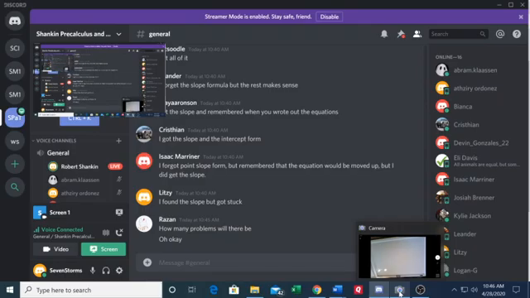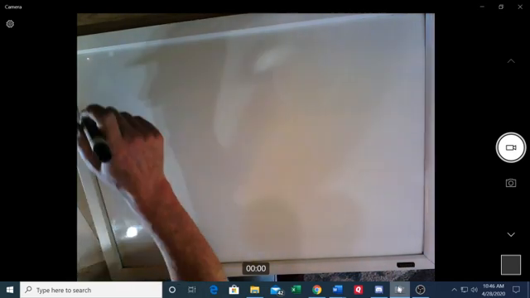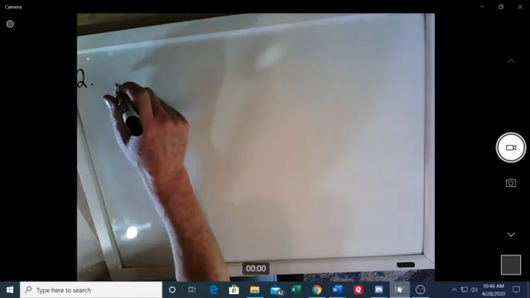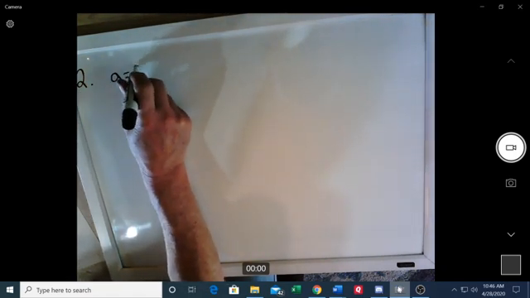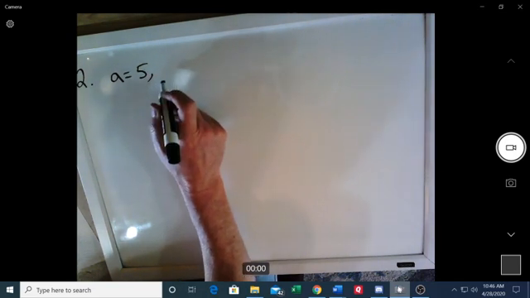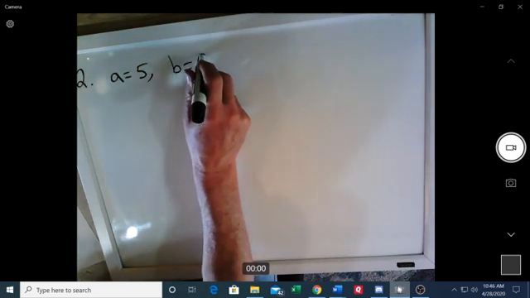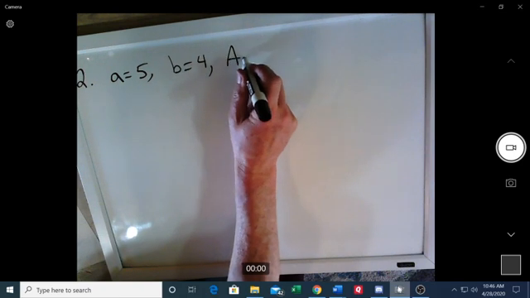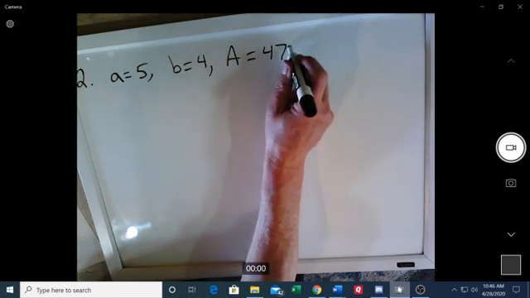All right, let's go to another practice quiz problem. Number 2. A is 5, B is 4, cap A is 47 degrees.